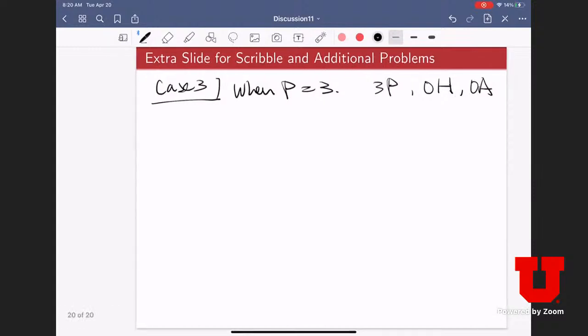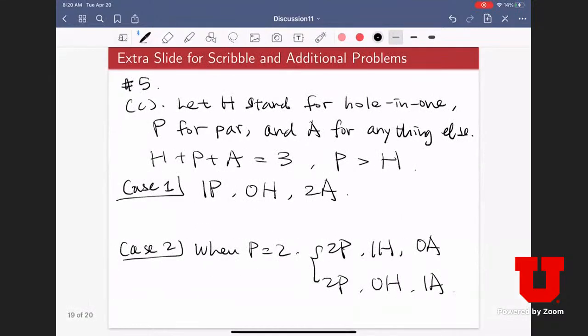All right, and now your job is to compute the probability of each combination, and then just add them together.